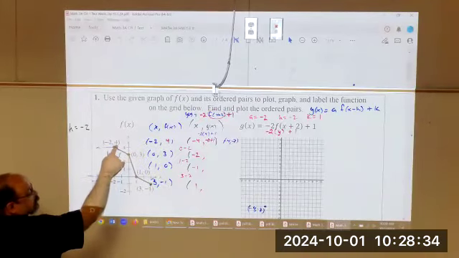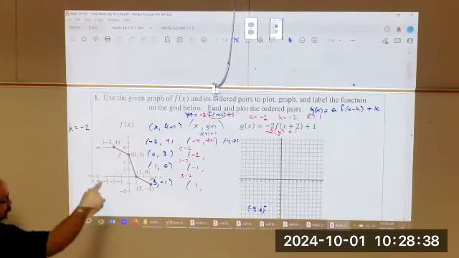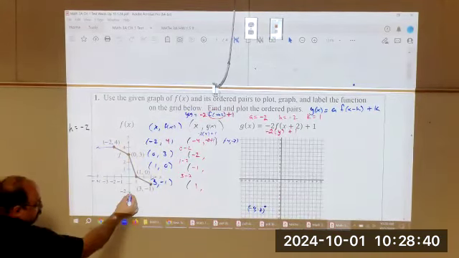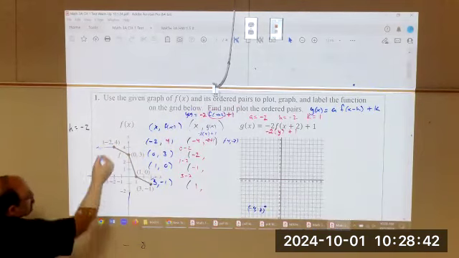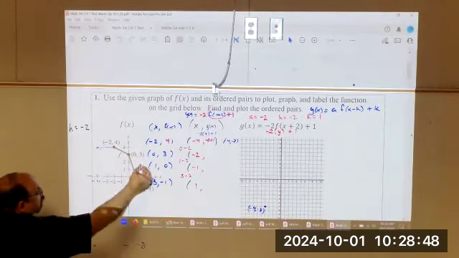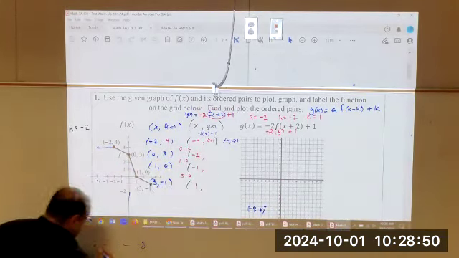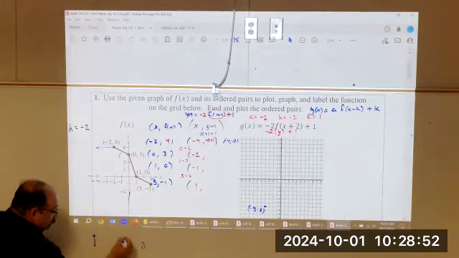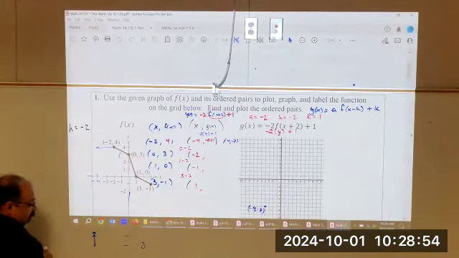So 4 times negative 2 is negative 8. It's going to flip down and stretch down to negative 8. And then we're going to add 1 to it. That plus 1 shifts it up 1 to where negative 7 is.